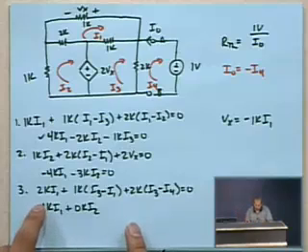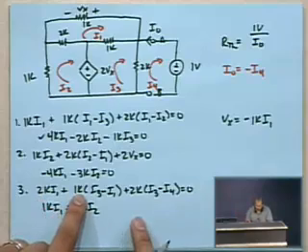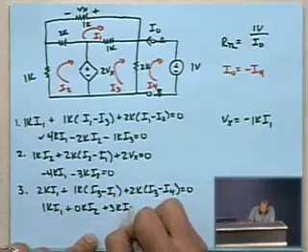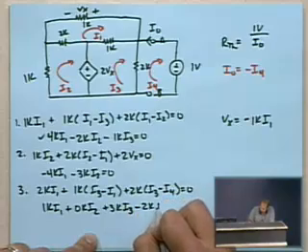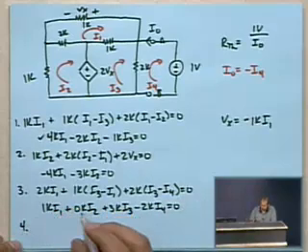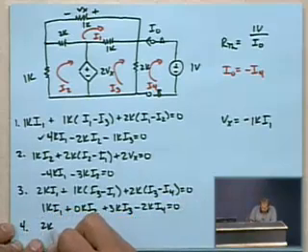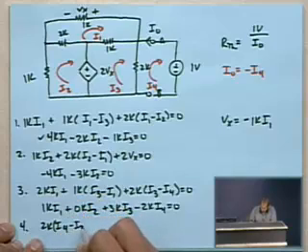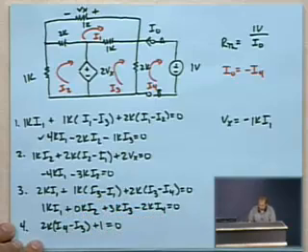We've got 1K and 2K, which gives positive 3K I3 and a negative 2K I4. And then our last equation: 2K times (I4 minus I3) plus 1 equals 0.